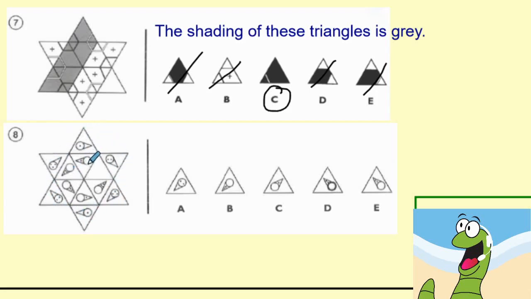Let's have a look at what we've got inside, because this is the one we need to find. We have the same shape, but this time the top end of the cone is pointing in an anti-clockwise direction. So whatever we have needs to point in an anti-clockwise direction. Is there anything else that'll help us?